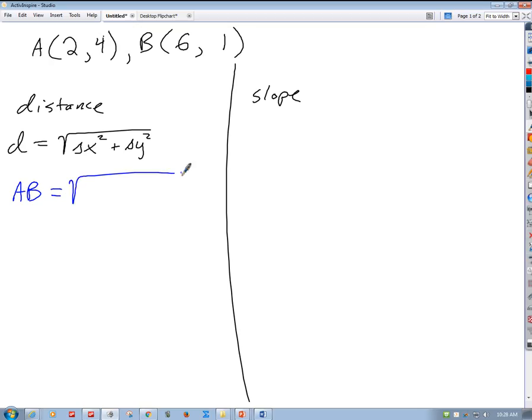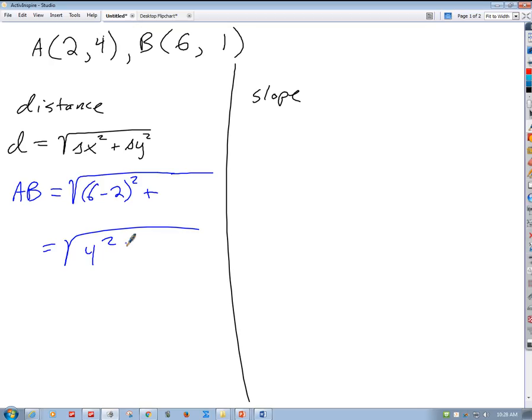Square root of, what's our delta x going to be? 16? Okay, you're squaring it though, right? So delta x is 4 squared. How do we get to 4? Well, 6 minus 2, right? So 6 minus 2 squared, which is the same thing as 4 squared.